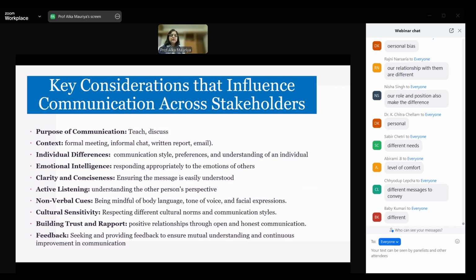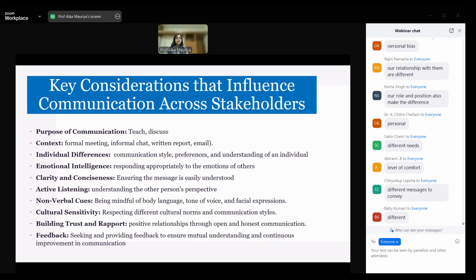When we are communicating with our peers, our colleagues, maybe on writing a research paper, the communication will be different, wherein we'll be discussing to come up with an innovative idea on which we can write a research paper. Also the context, whether it's a formal meeting, an informal chat, a written report, or we're communicating over email, that also makes a difference, as does individual difference.